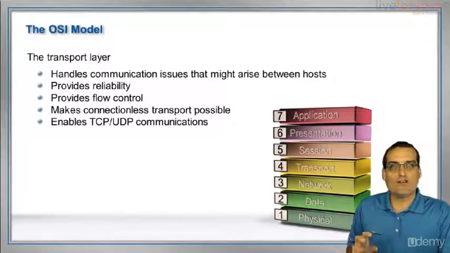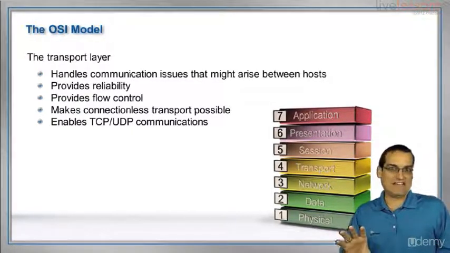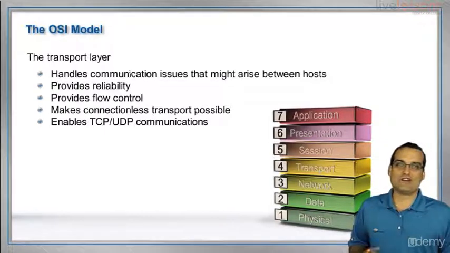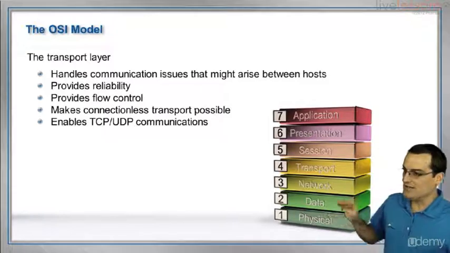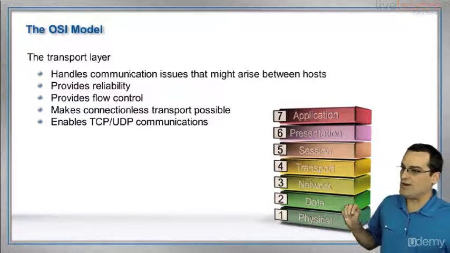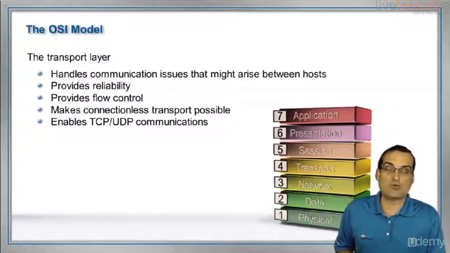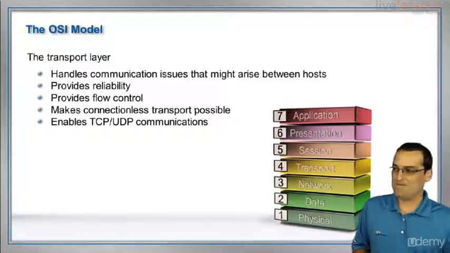Most applications want the reliability, and that's why our TCP/IP protocol suite got the name of TCP and IP. There are lots of other protocols that make up the suite, but those are so popular, IP at the network layer and TCP at the transport layer, that the protocol suite was named after them, TCP/IP.